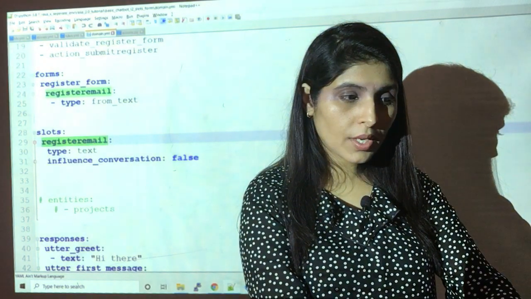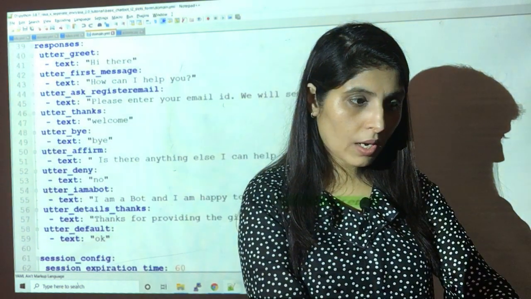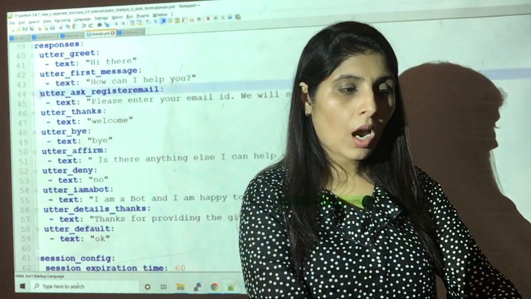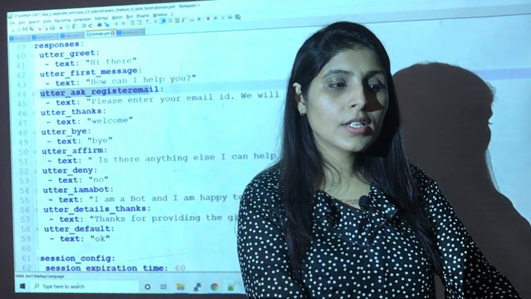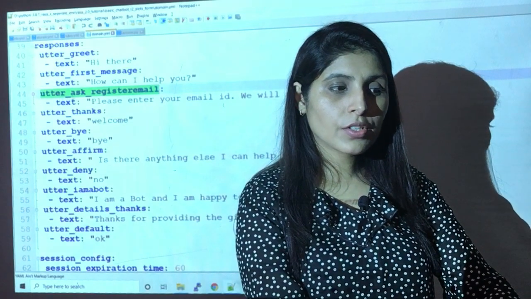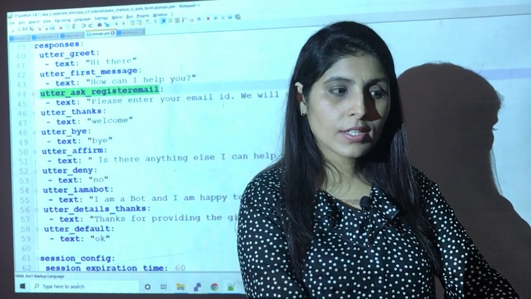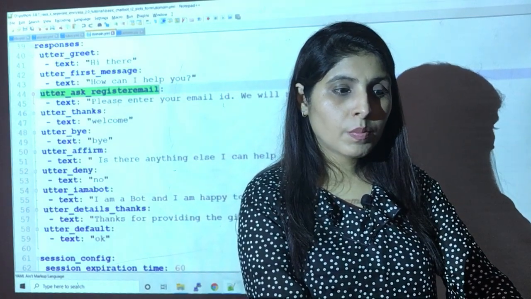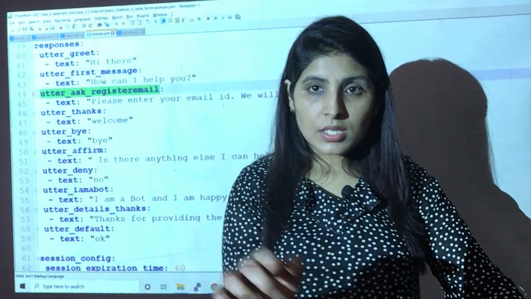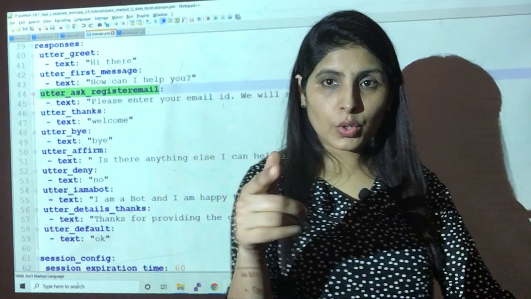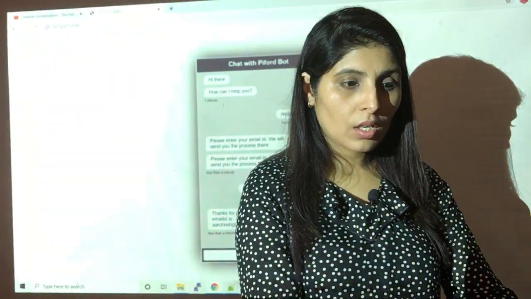What you need to do is write like this: utter underscore ask underscore and then the slot name. Utter underscore ask underscore, this is the slot name, and 'please enter your email ID, we will send you the process there'. Let me show you how this works.